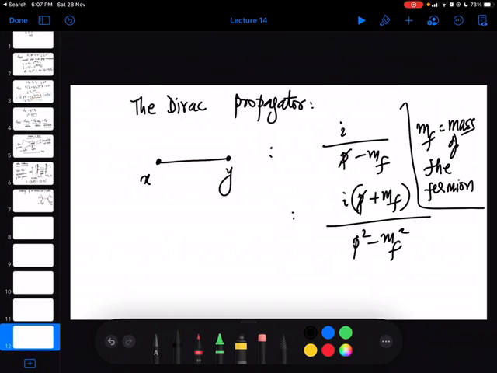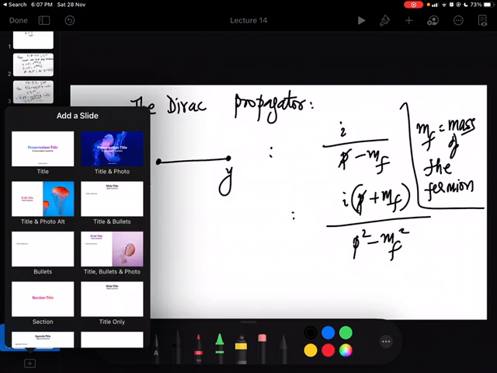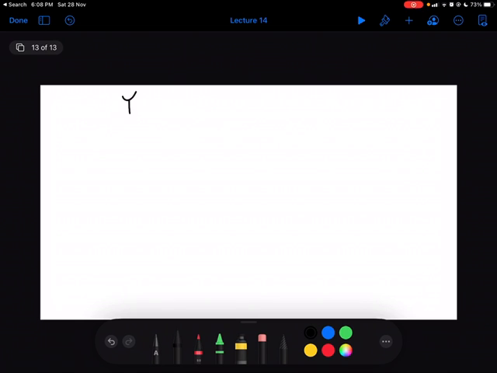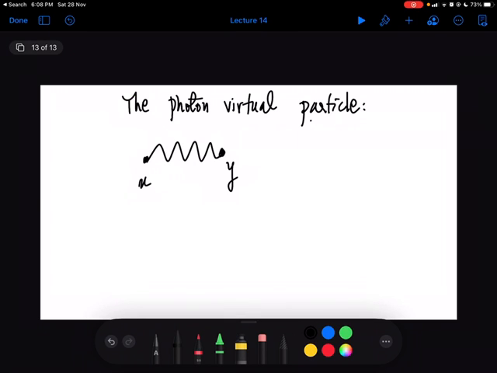Okay, now the next step would be for a spin 1 particle, the spin 1 particle being the photon. If we had 2 points x and y, and the photon is a virtual particle, this has minus i eta mu nu by q square.